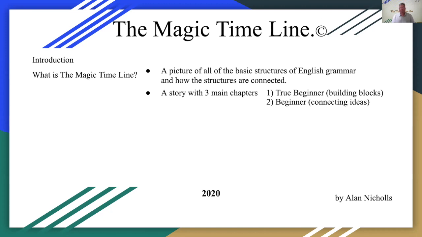In the beginner's course, we start connecting ideas together so that we can connect idea number 1 and idea number 2 and join them together. The third chapter I'll call intermediate, and we can become more accurate with the time that an action happens. I said there were 3 chapters, but there are also some options that we can explore, and these are some of the advanced or more complex sentences.